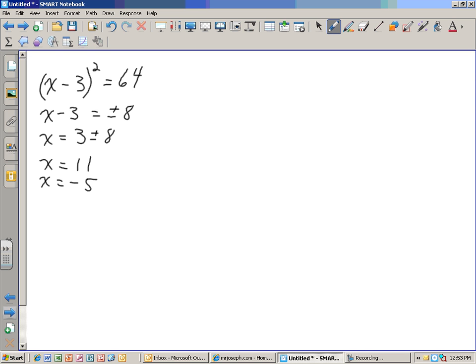All right. The other topic we're going to talk about is right triangles, the Pythagorean theorem. The Pythagorean theorem states the sum of the squares of the legs of a right triangle is equal to the square of the hypotenuse. These are the legs of the right triangle.